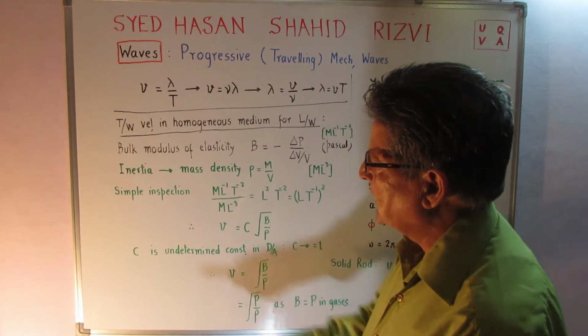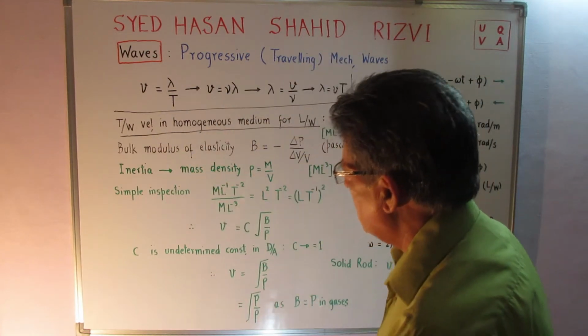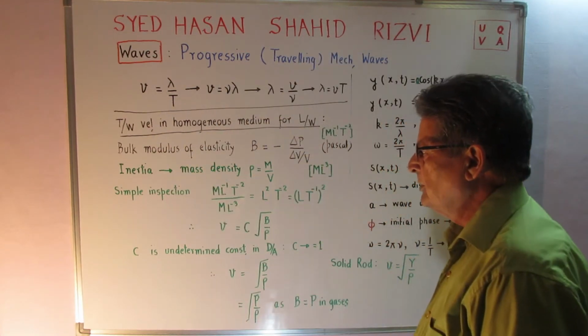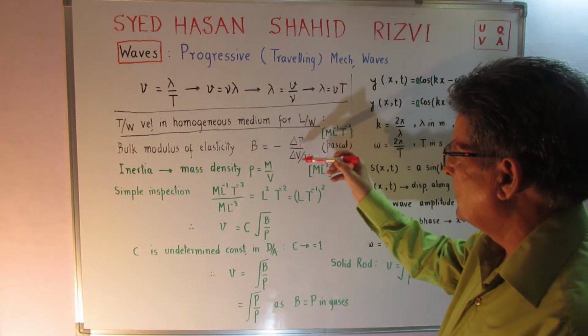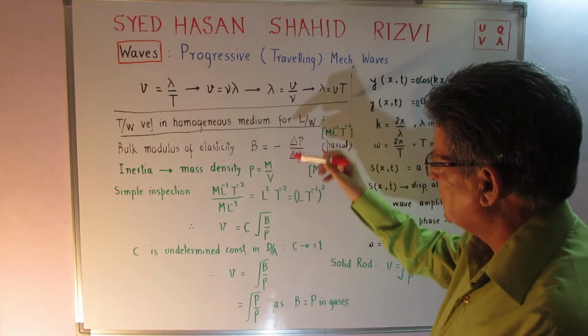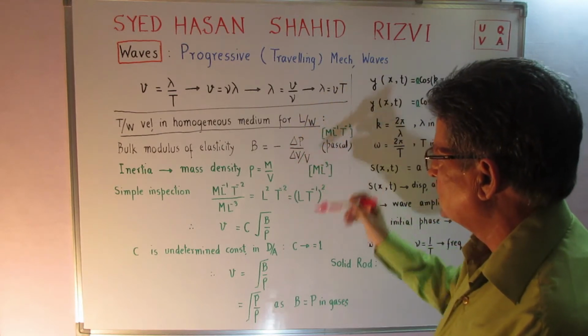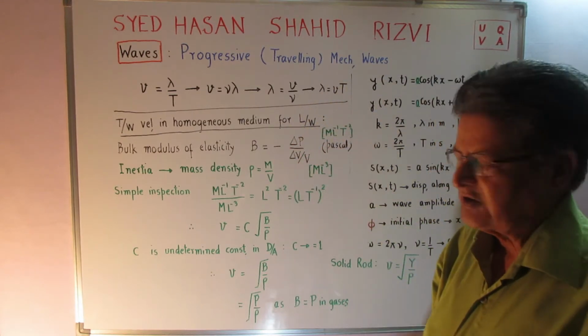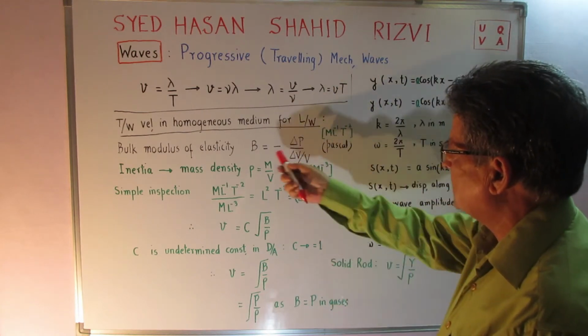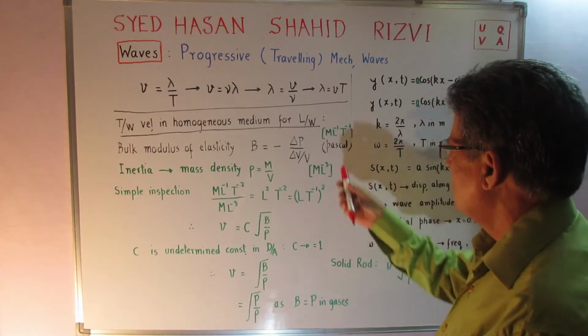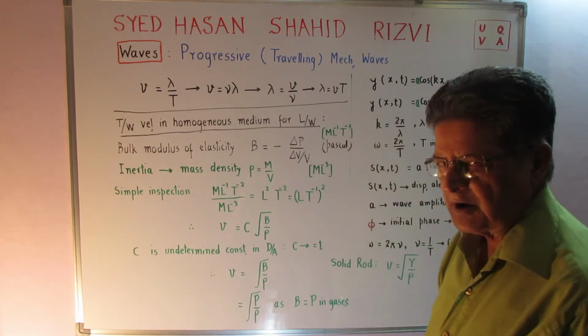The elastic property in the case of bulk matter is the bulk modulus of elasticity B, which is defined as delta P, the change in the value of the pressure, divided by delta V upon V, which is the strain. And naturally, because this has no dimension, B has the dimensions of pressure, which is ML^-1 T^-2.